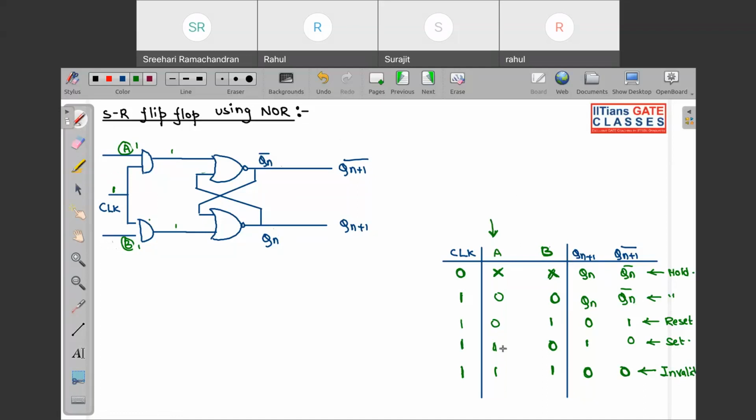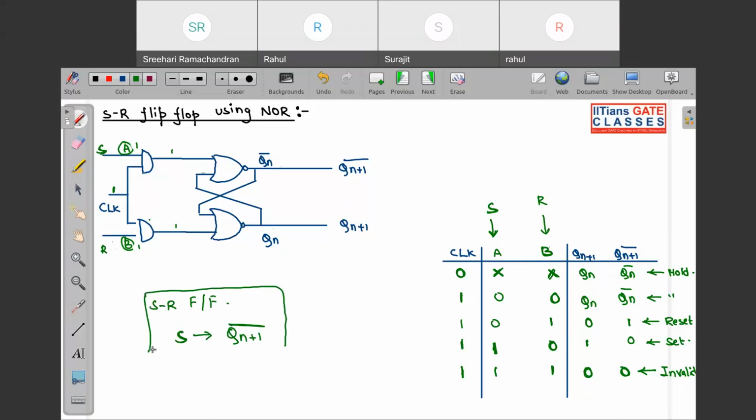So whenever I apply 1 to A and 0 to B, I am getting set. So obviously A is set, and if A is set, that means B is reset. So you should know that in SR flip-flop also, S is opposite to complemented output.